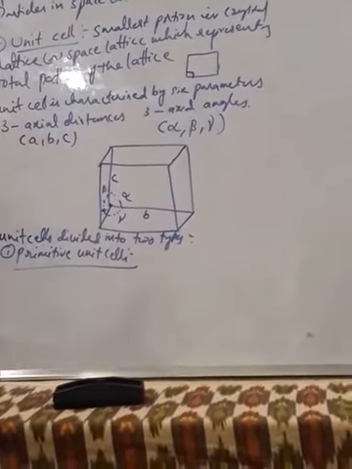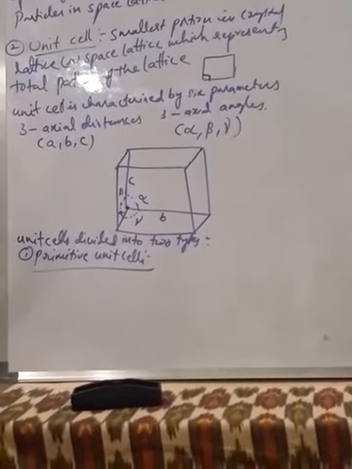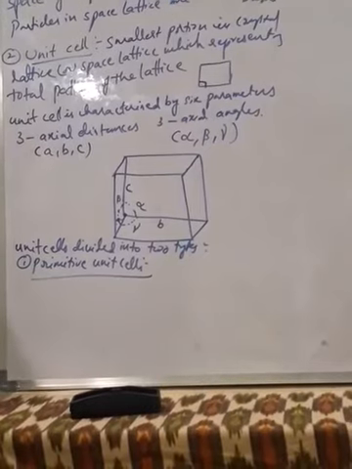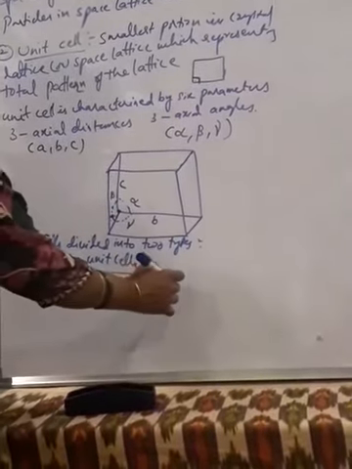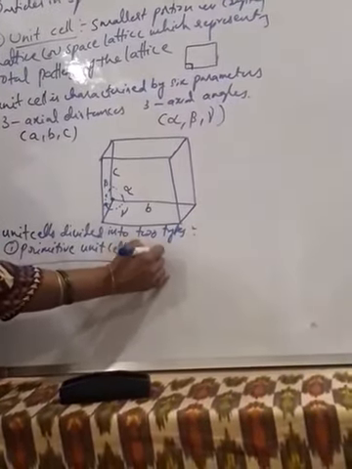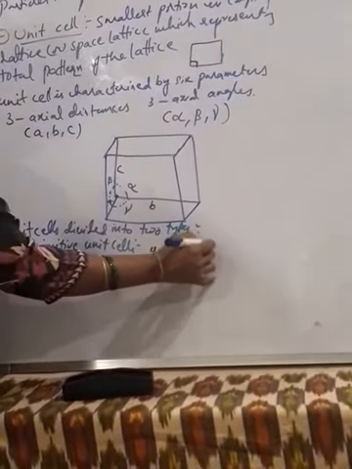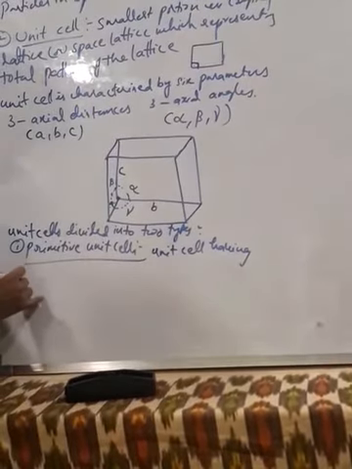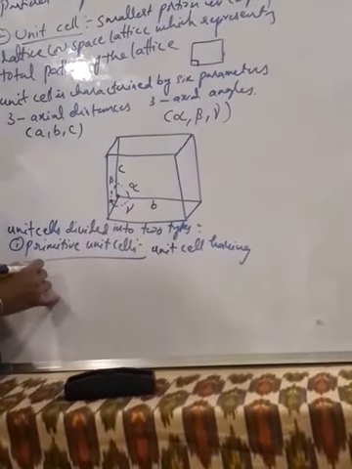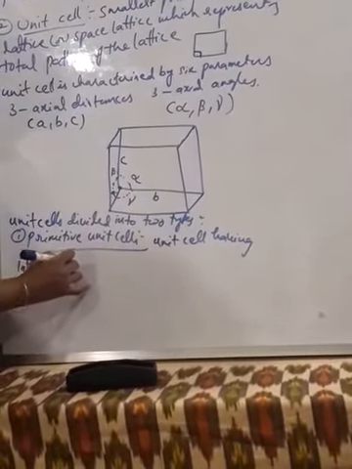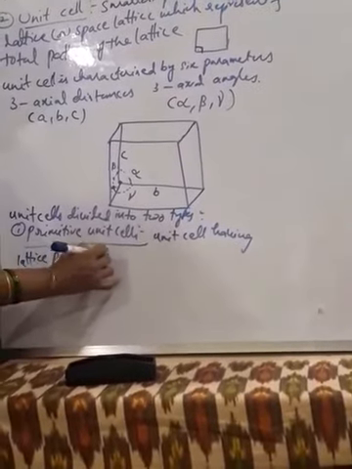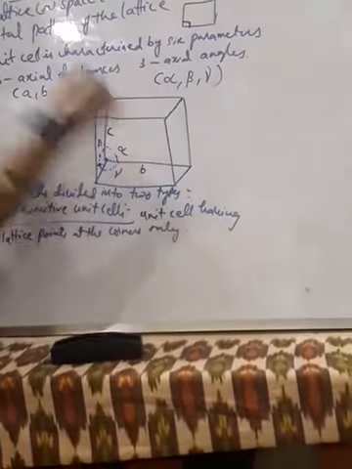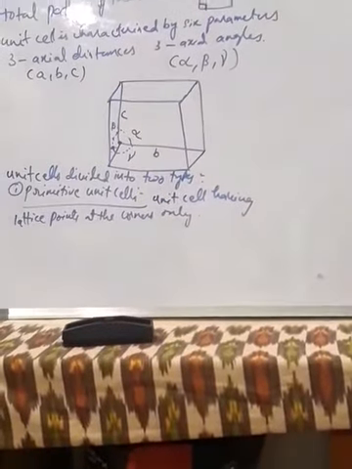Okay. So primitive unit cell is the unit cell which contains particles or points at the corners only. Okay. So unit cell having lattice points at the corner. So they are primitive unit cells.